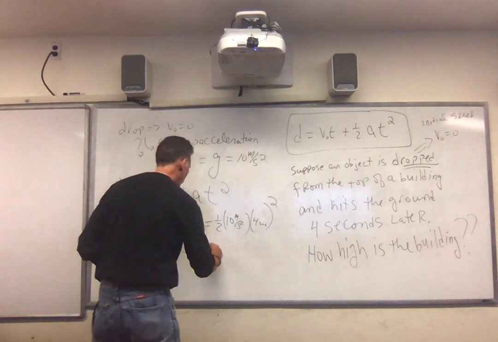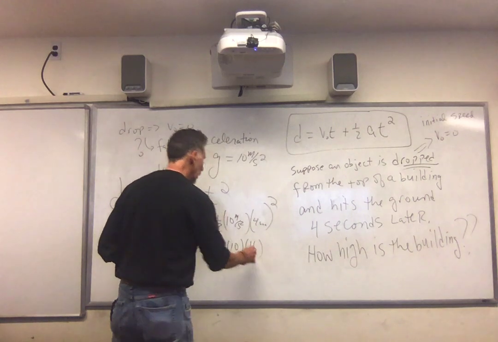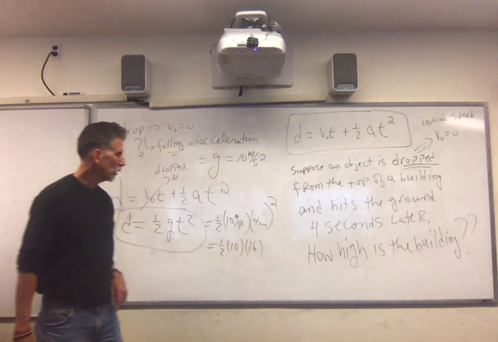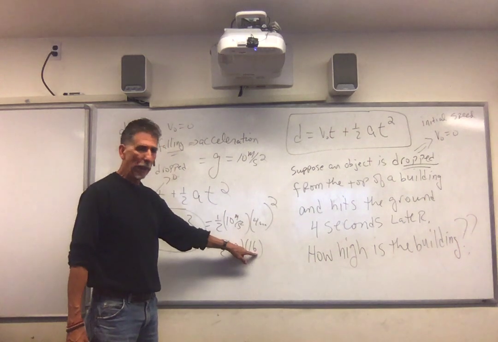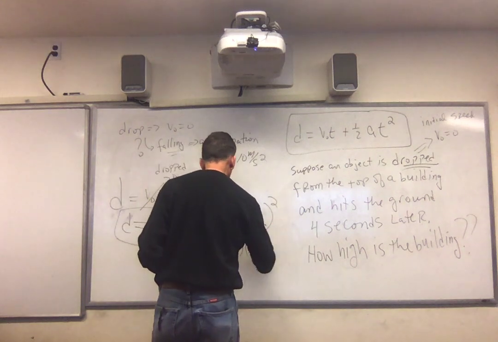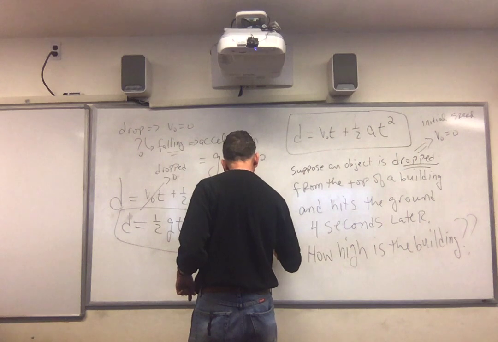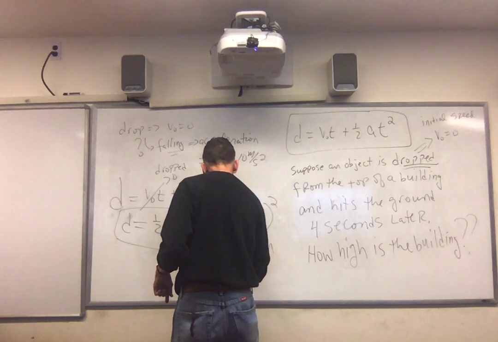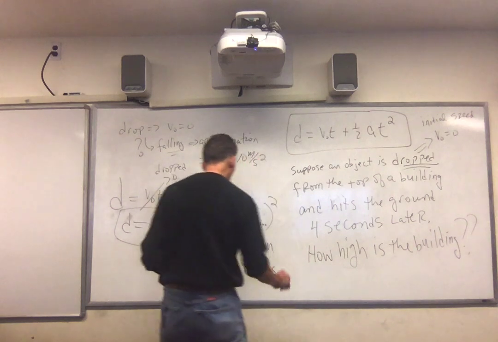So it's equal to 1/2 times 10 times 16. Can everybody do that? What's 1/2 of 16? 8. 8 times 10? 80. And this is going to be meters. The building is 80 meters high.